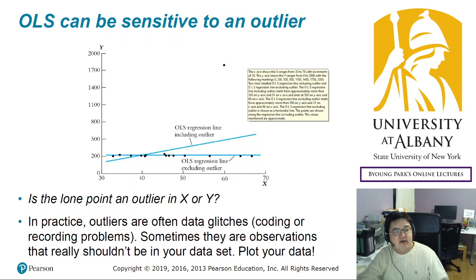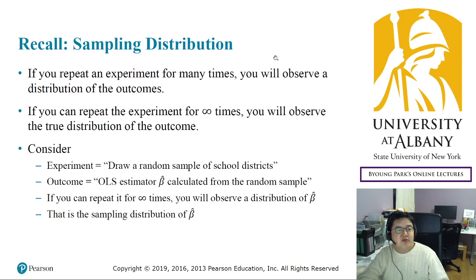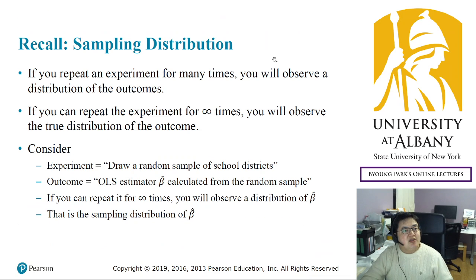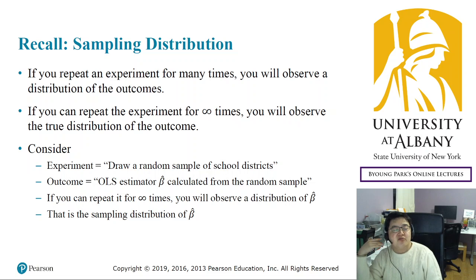So we have considered three assumptions, and from here the next topic we are going to study is the sampling distribution. Before talking about the sampling distribution for the regression model, I am going to remind you of what the sampling distribution means in a simpler, easier setup.